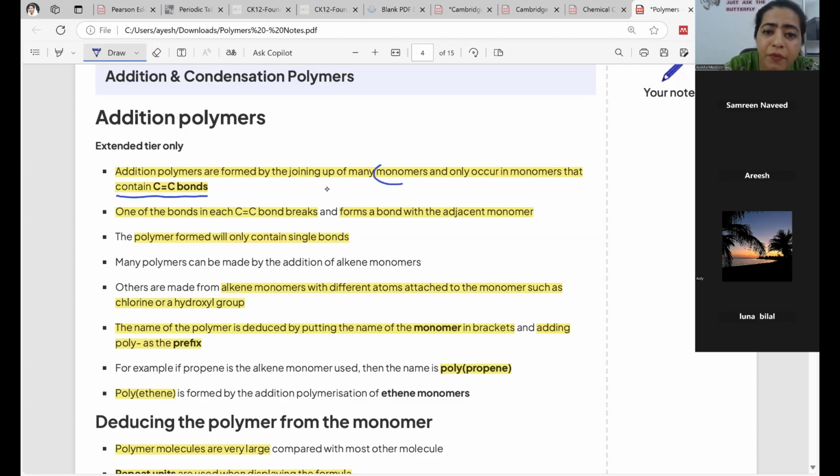For example, ethene. Ethene has a carbon-carbon double bond. When ethenes join together, they make an addition polymer at the end because they have a carbon-carbon double bond. So when these ethene molecules join with each other, they will join by breaking the carbon-carbon double bond.